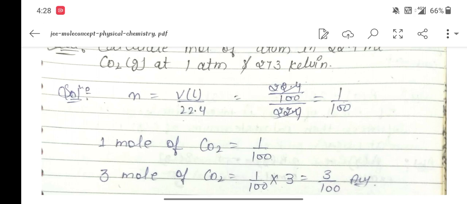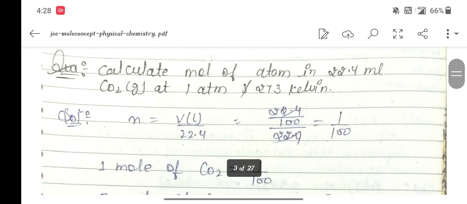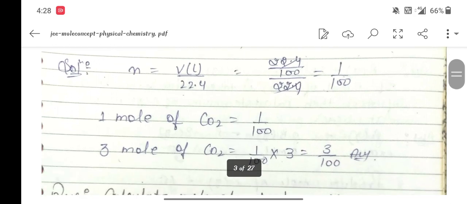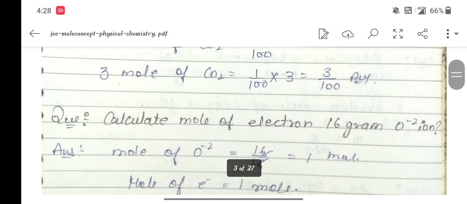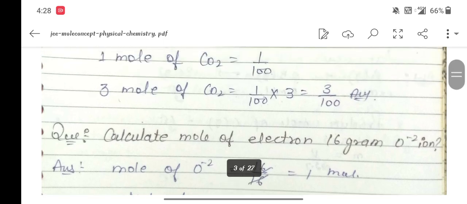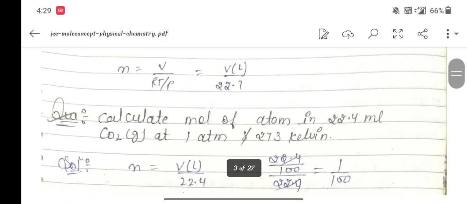Here V is 22.4 by 100, 1 mole. 22.4 will get cancelled, so it is equal to 1 by 100. So 1 mole of CO2 is 1 by 100, and 3 moles of CO2 is 1 by 100 into 300, that is 3 by 100. So this is the answer for the question they have given.